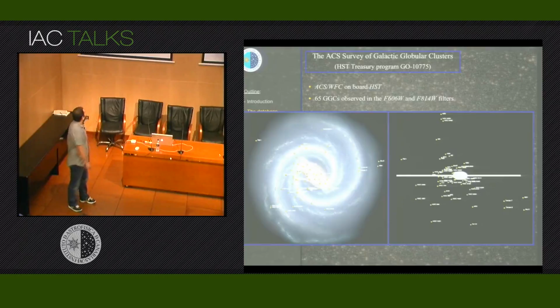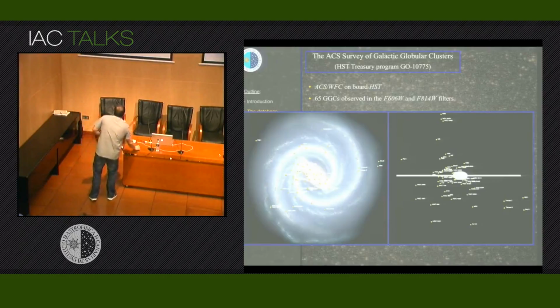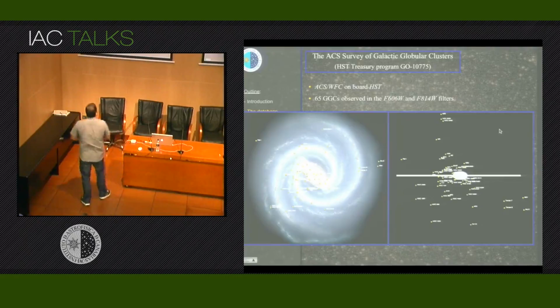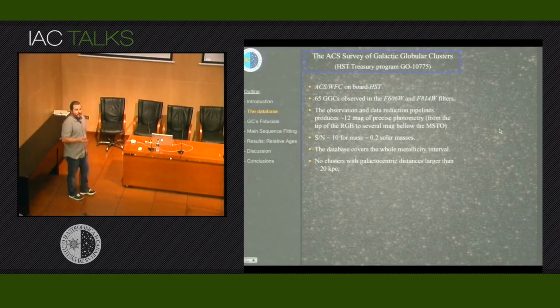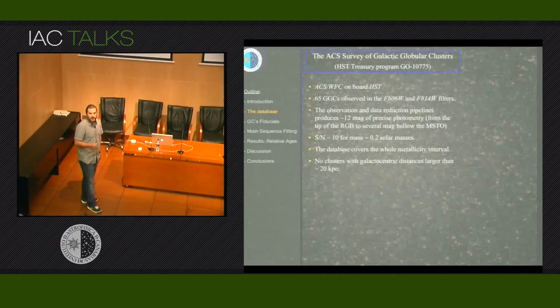We limited ourselves to low reddening globular clusters. That's why we have a lack of clusters in this part of the galaxy. The observation and data reduction pipelines produce around 12 magnitudes of precise photometry.